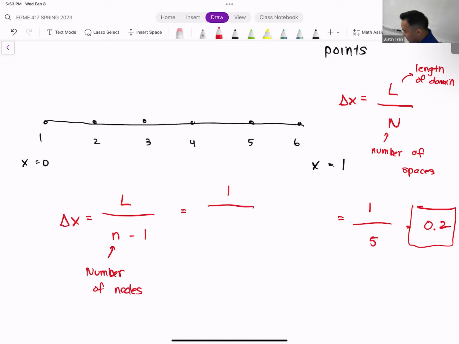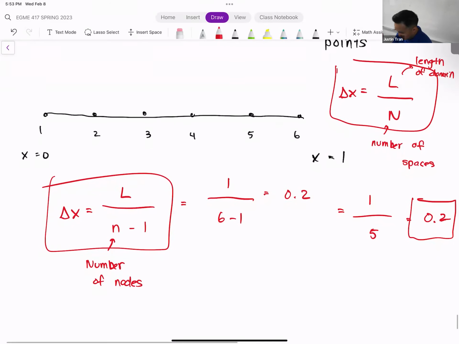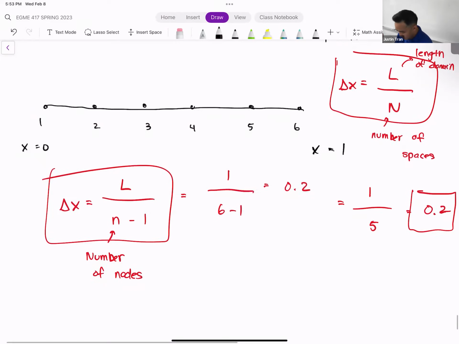The number of nodes that we have here is 6, so we have 1 divided by 6 minus 1, and we get the same thing, which is 0.2. So either equation for the grid spacing works; use whichever is more comfortable for you. Any questions on this? All right, pretty straightforward so far.